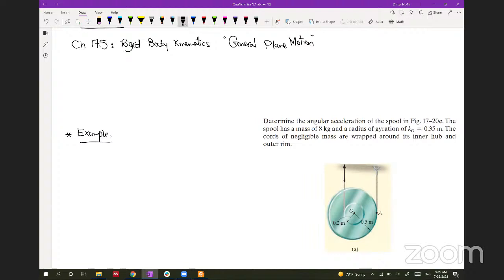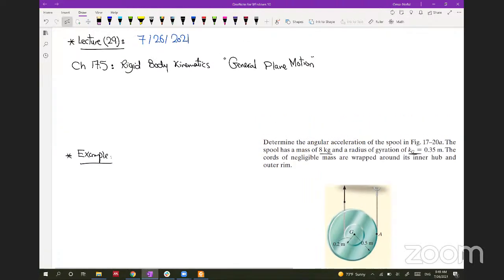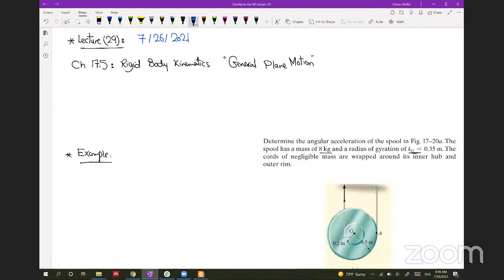Here it's given in the problem that the spool has a mass of 8 kilogram and it's given the radius of gyration. If you are given the mass and the radius of gyration, you can get the mass moment of inertia of the body. So the mass is equal to 8 kilogram and the radius of gyration is equal to 0.35 meter.